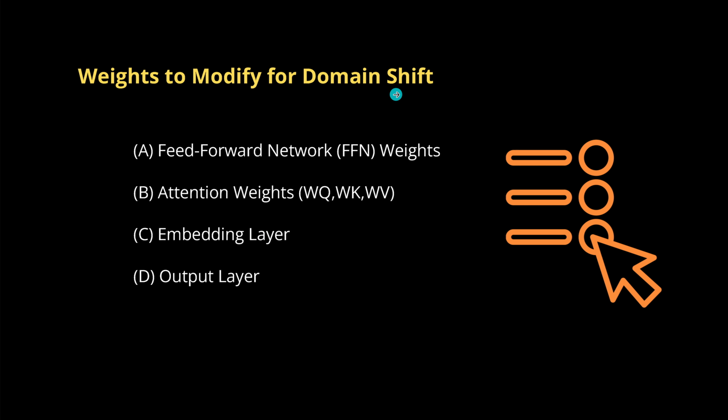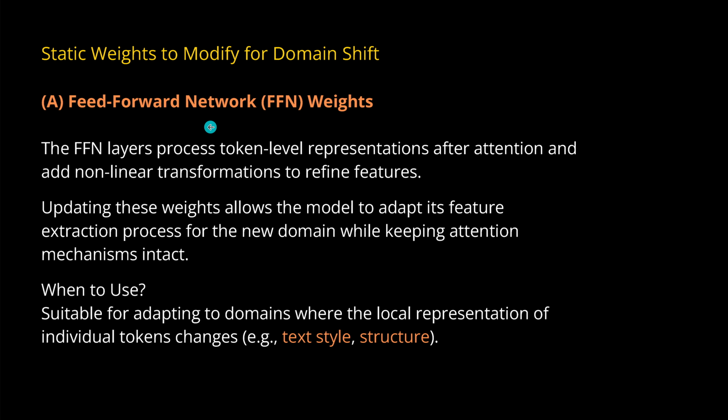Let's say you think, if I only modify my feed-forward network weights, this layer processes the token-level representation after the attention and adds a non-linear transformation, a ReLU, for example, to refine the features. So updating those specific weight structures, these tensors, allows the model to adapt its feature extraction process for the new shifted domain, not a brand new domain, careful, while keeping the attention mechanism intact.